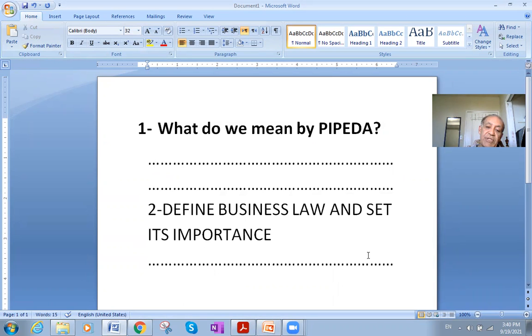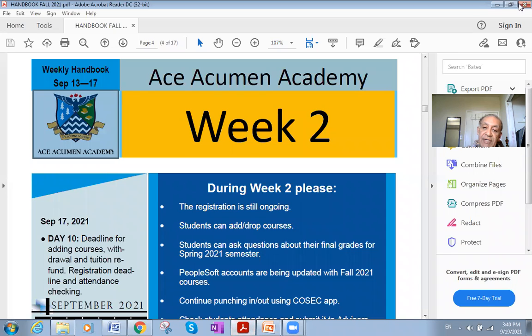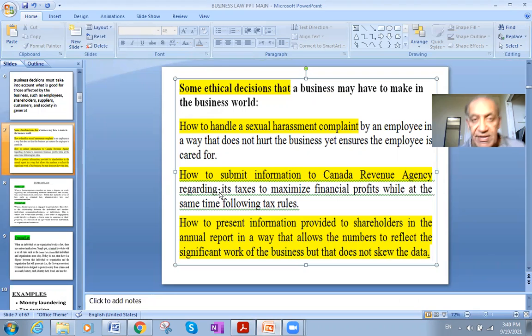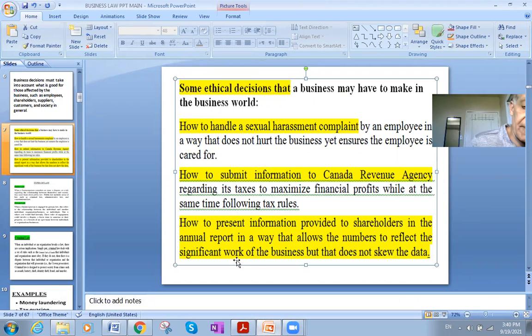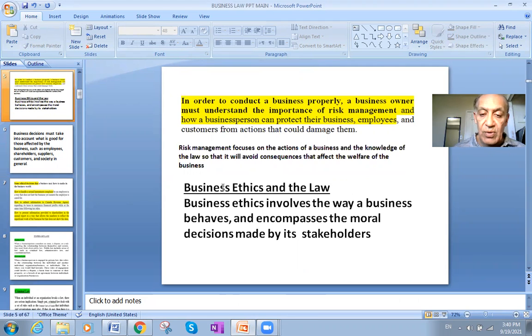The third question we will have today is about the ethical dilemma, or the ethical rules. That's what we will talk about just now. We talk about business, ethics and the law.